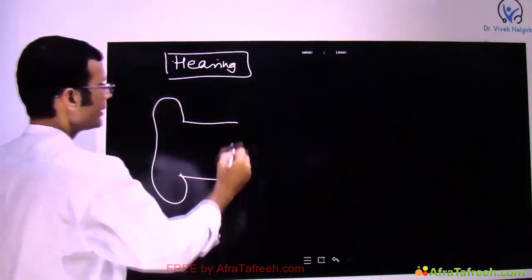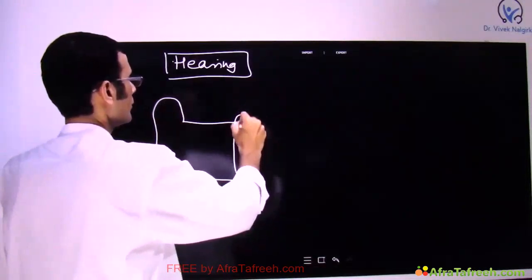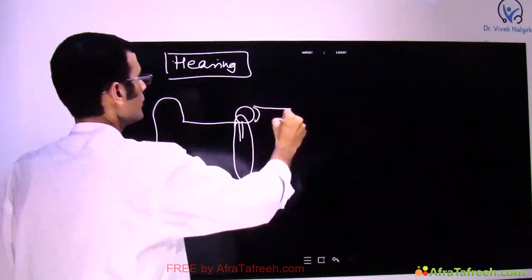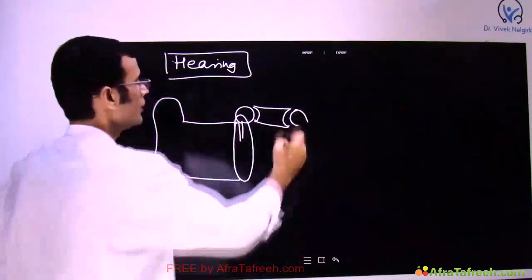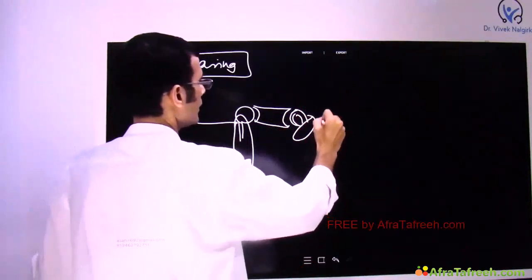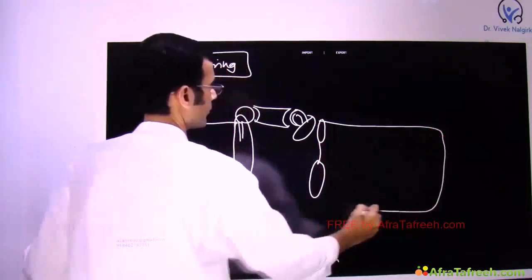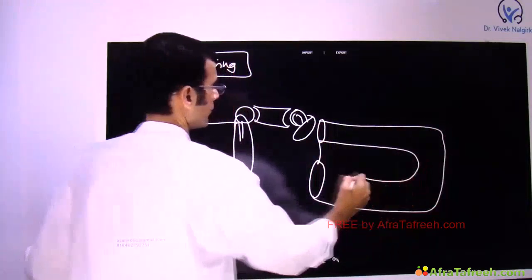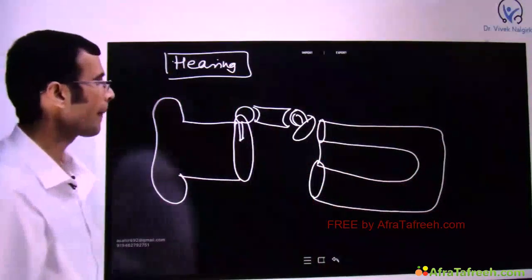There is the external ear, the middle ear, a chain of three ossicles, I beg your pardon, and then the inner ear. This is the structure of the ear.